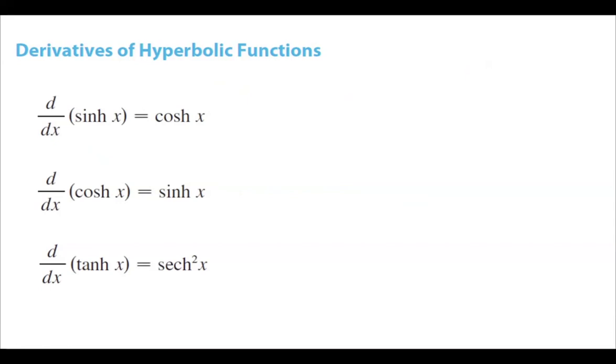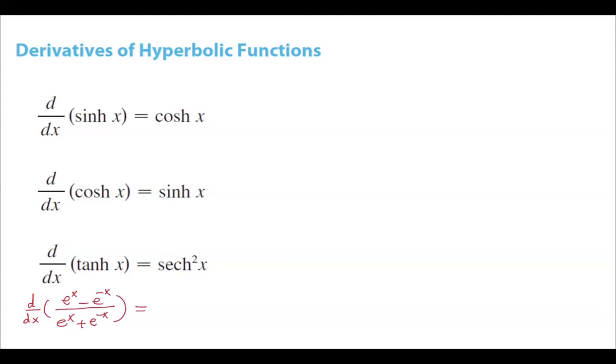So what was the definition of hyperbolic tangent? When we are taking the derivative of hyperbolic tangent, we are taking the derivative of e to the x minus e to the power minus x, divided by e to the x plus e to the power minus x. So here we're going to apply the quotient rule.